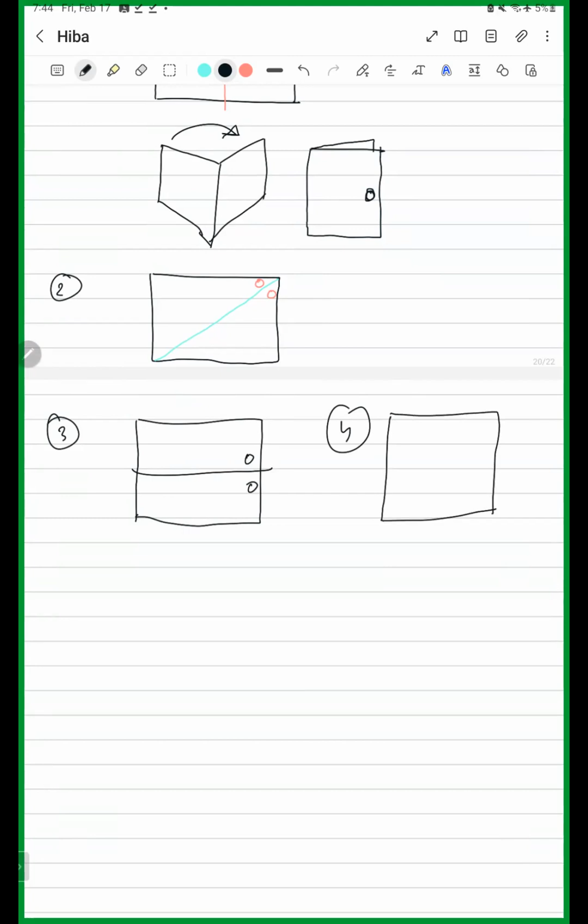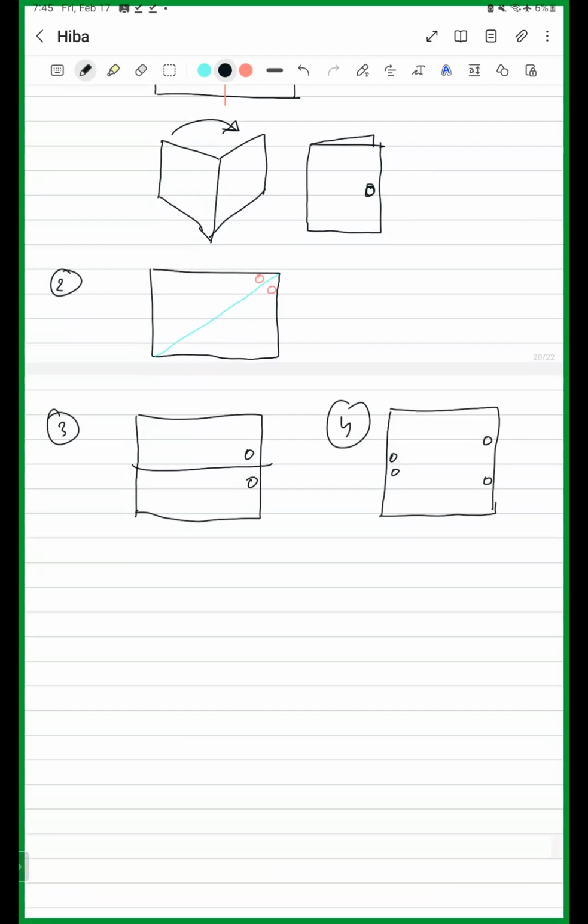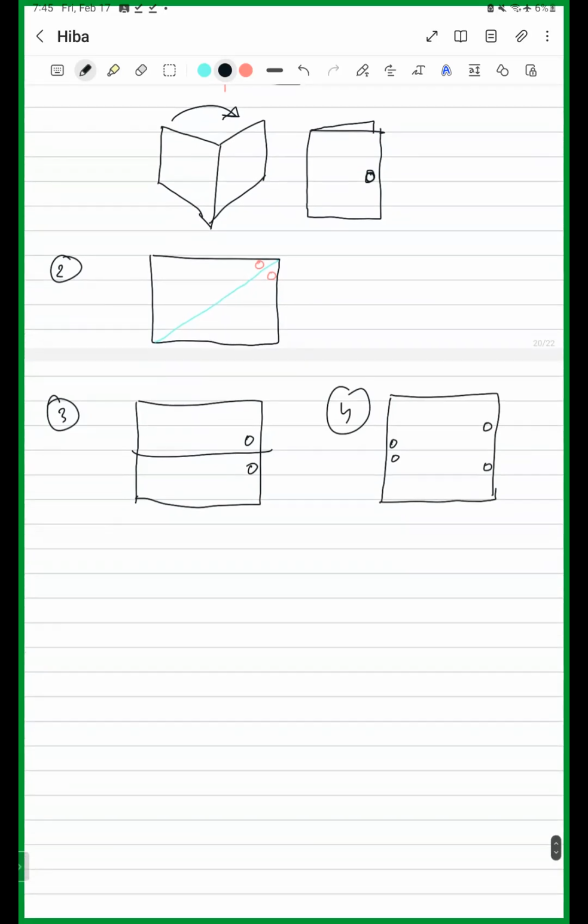Can you tell? Imagine folding this. हाँ हिबा. Between both of them.